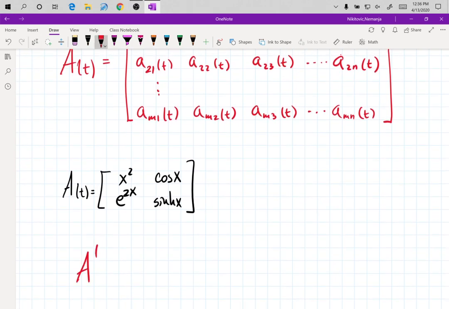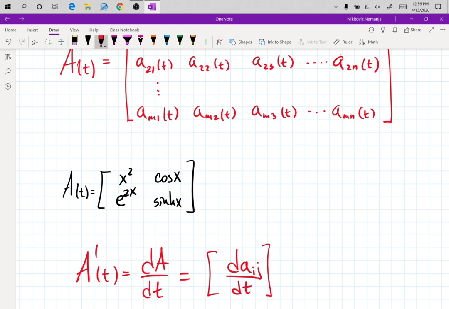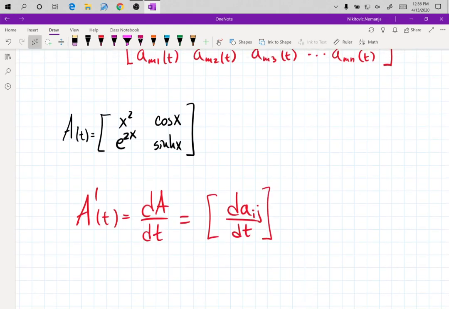The derivative of the matrix is the derivative of every entry of the matrix. So you take every individual function and you differentiate.